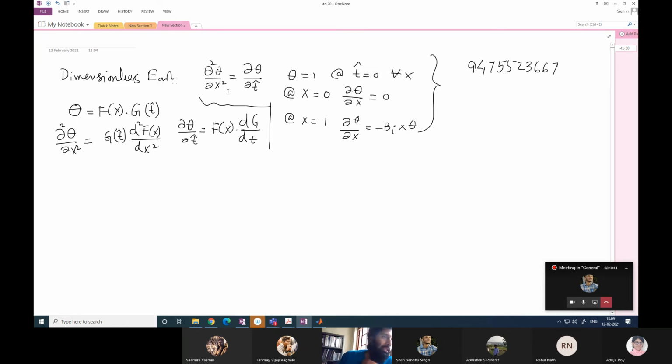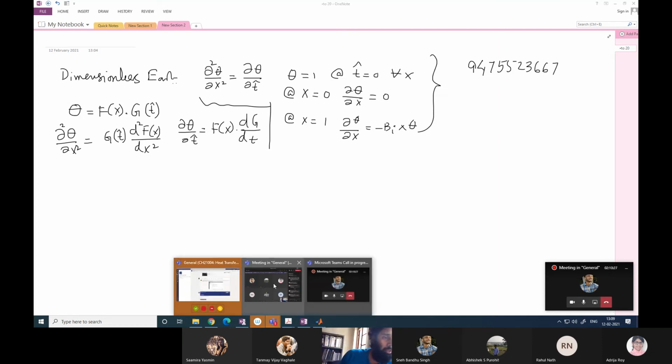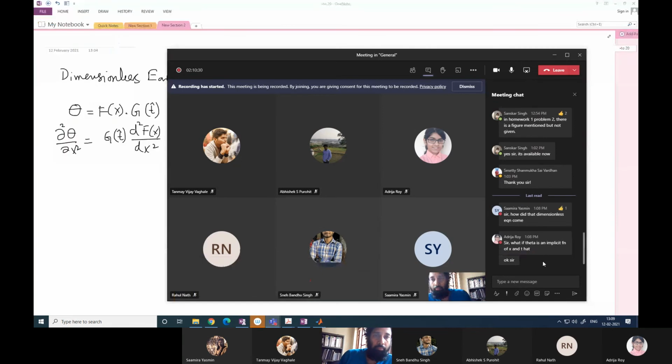Same way, just instead of spherical coordinates, we did this in rectangular coordinates. We take the equation that we derived at the beginning of the class and do the same non-dimensionalization, and we get this equation and the boundary conditions.